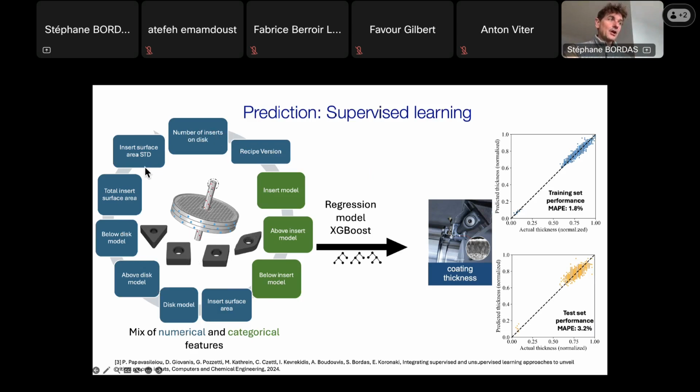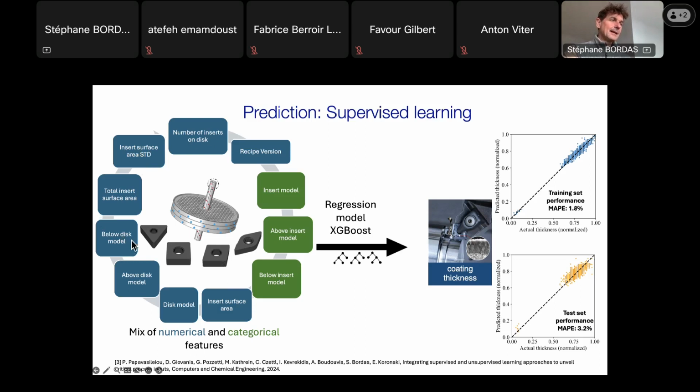The insert surface area, standard deviation. So what is the surface area of that insert? Insert is this, right? These little tools here, they are called inserts. What's the standard deviation of that stuff? What is the surface area?